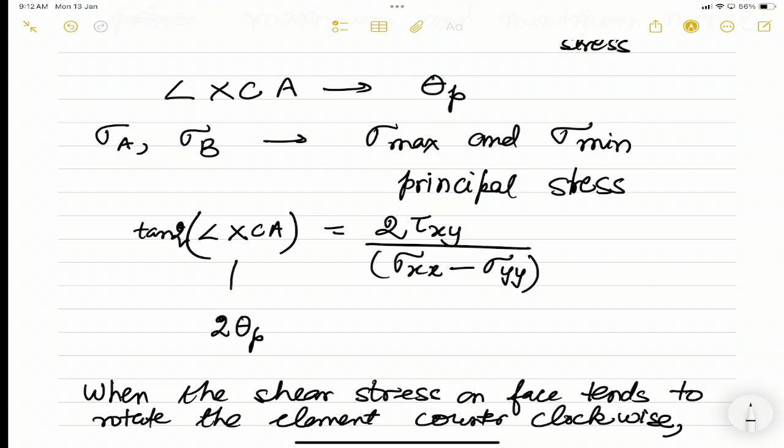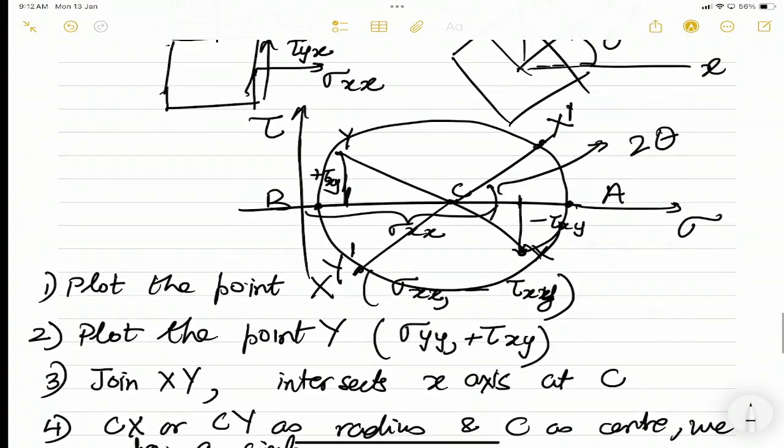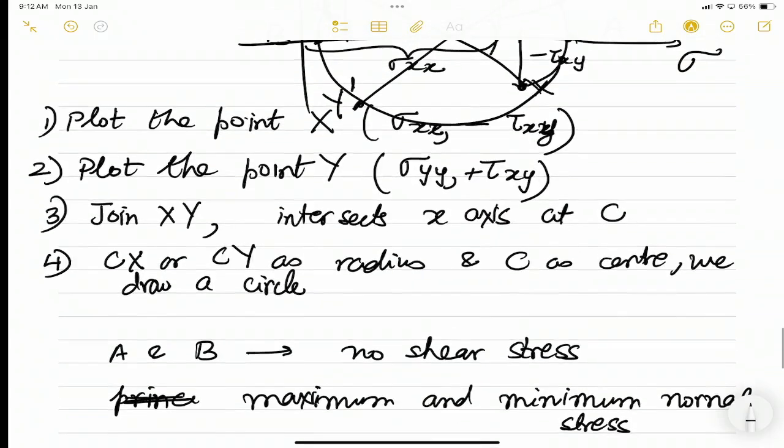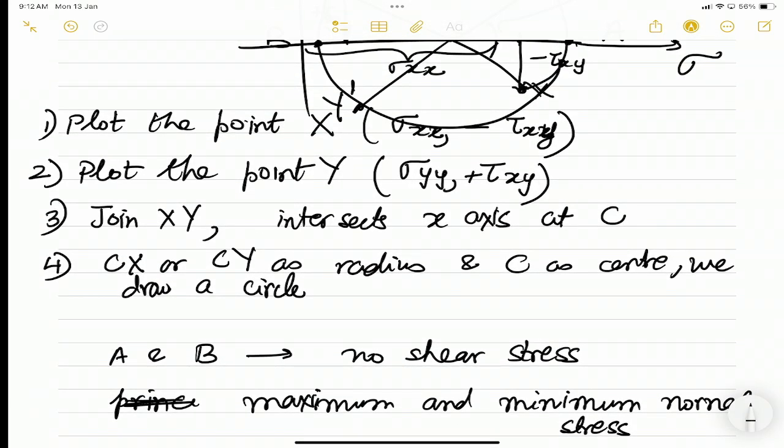This is tangent of 2 times XCA because that angle is 2 theta p. No, theta p, yeah, because theta p is in the original axis. In the Mohr circle, this is 2 theta p. Okay, so in fact, maybe I wrote this wrong. This angle is written as 2 theta. So in Mohr circle, what we go is 2 theta p. Okay, so tangent of 2 theta p is equal to this thing.